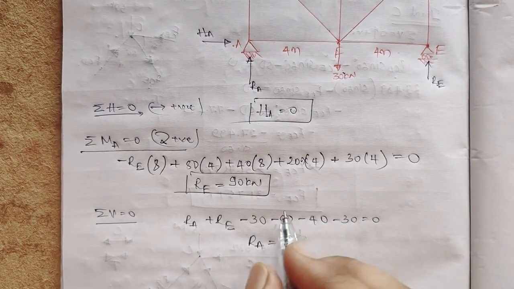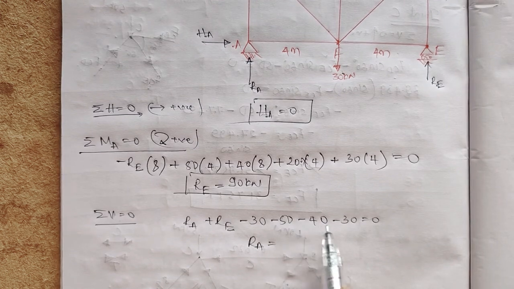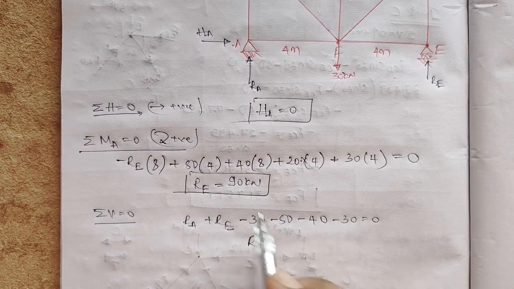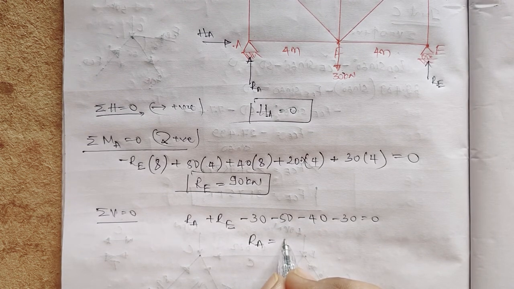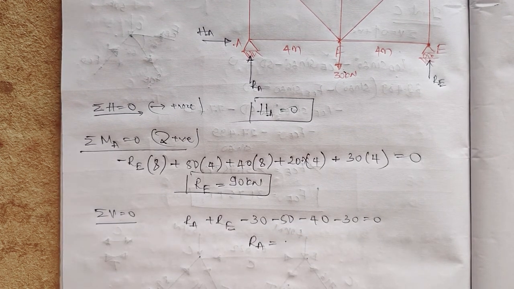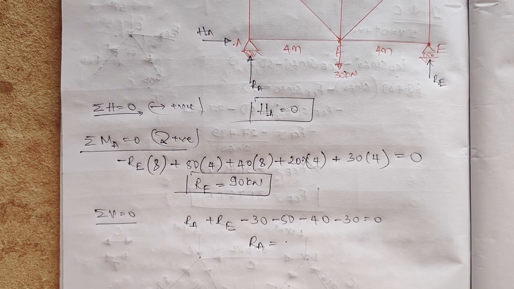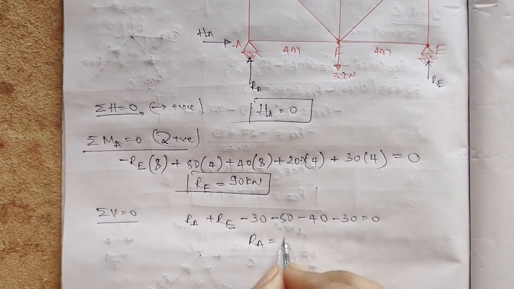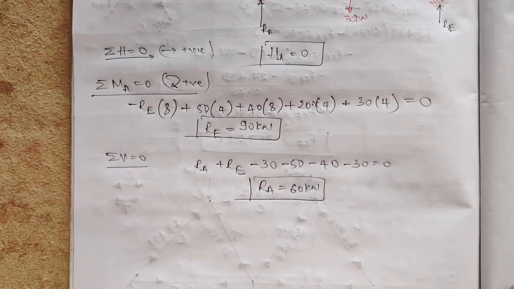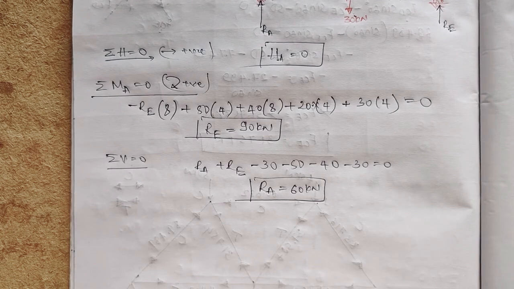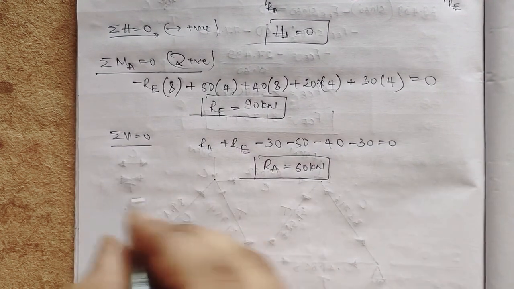So 30 plus 50 plus 40 plus 30 minus 90, RA will be 60 kilonewton. So RA is 60.